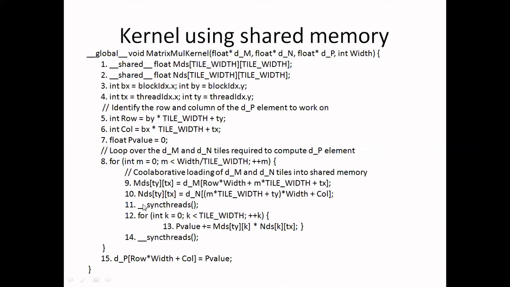So here we have used syncthreads so that we can confirm that all the threads have loaded their part of values, and at this point, at line number 11, we have all the needed values, those values which will be used in lines number 12 and 13.